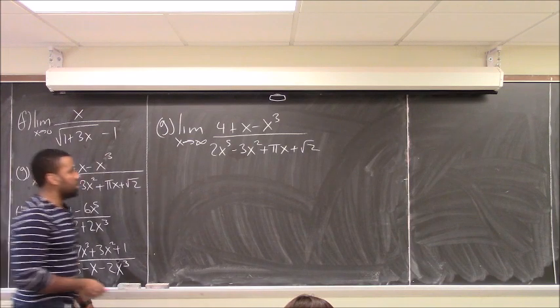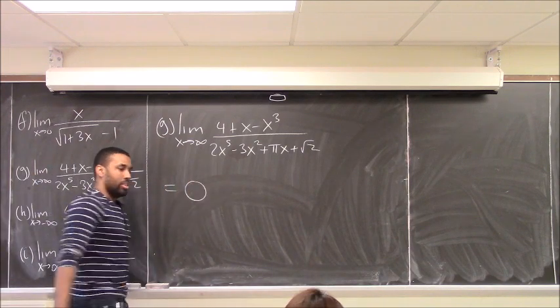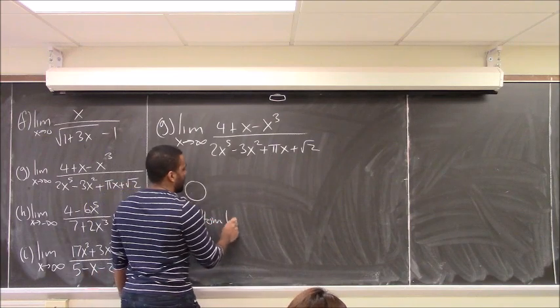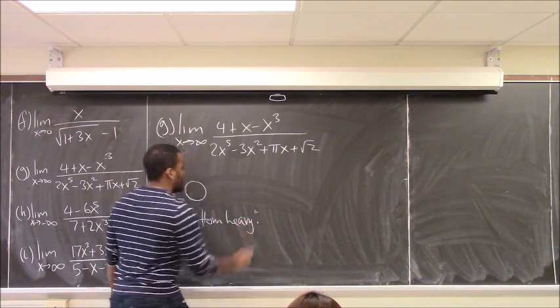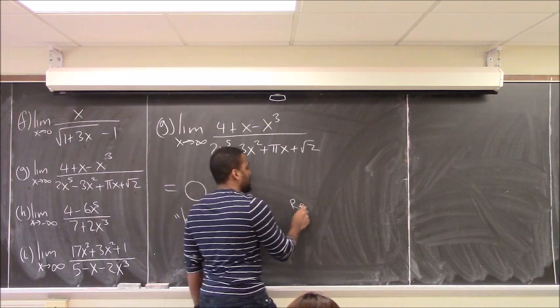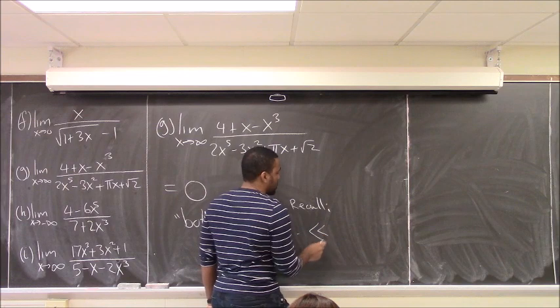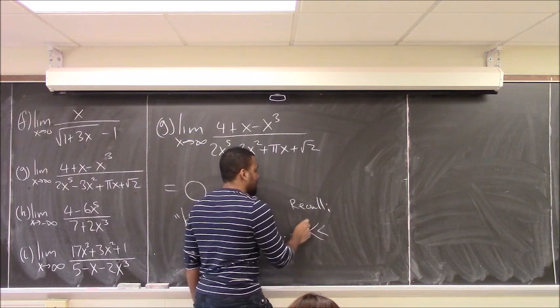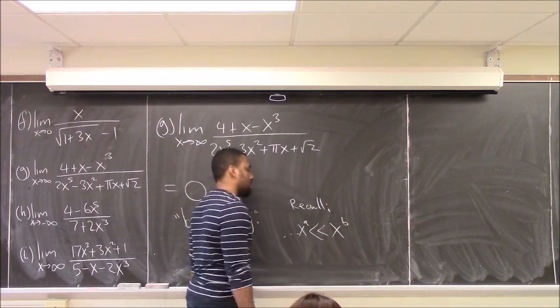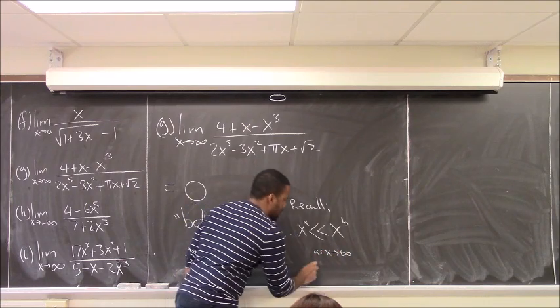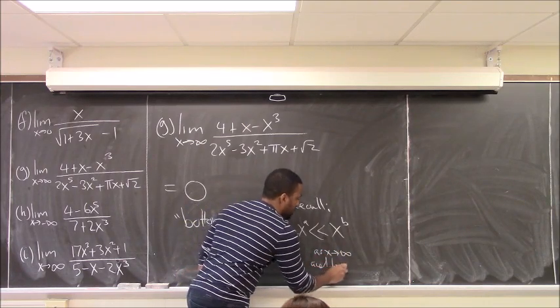Exactly. It is 0. And it's bottom heavy. Recall last class, I told you about a bunch of relationships. Among those relationships was the fact that x to the a is much smaller than x to the b as x goes to infinity, and b is greater than a.